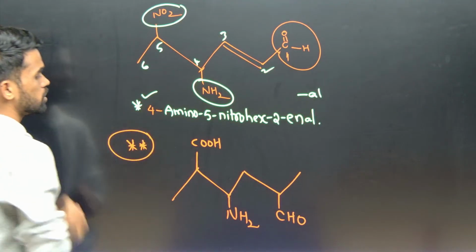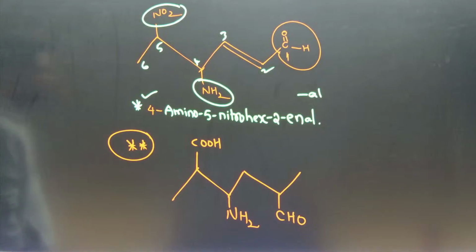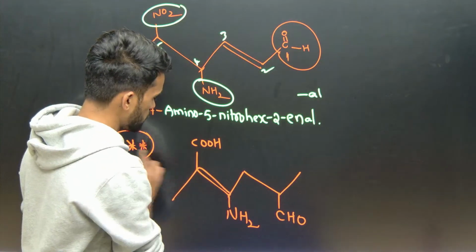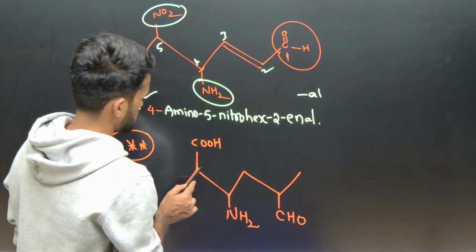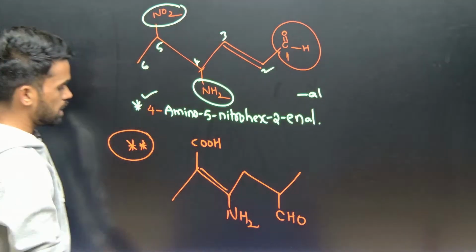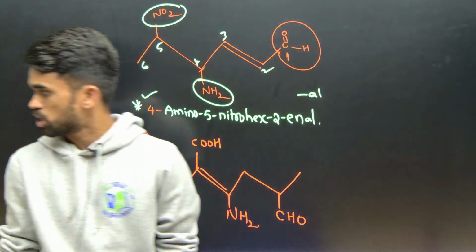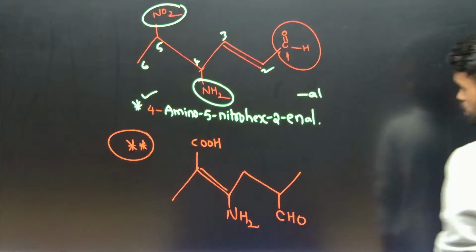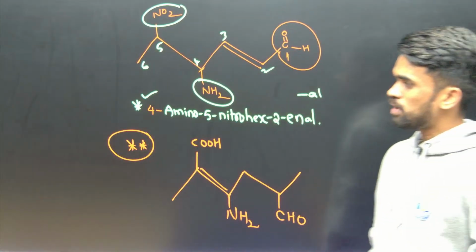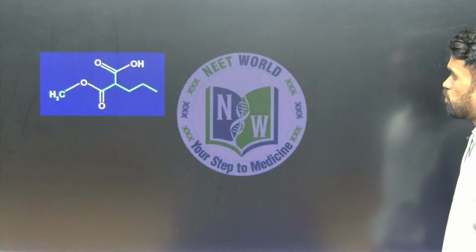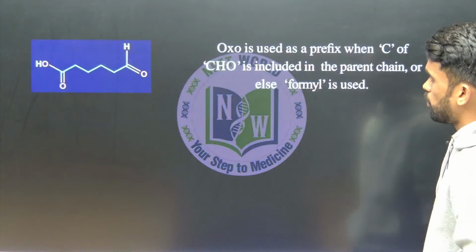Just mention it in the chat box. So try this and tell me your answer in the chat box. Even if it is wrong, no issues. We'll make it correct. First of all, you try to answer in the chat box. Okay, let's move forward.